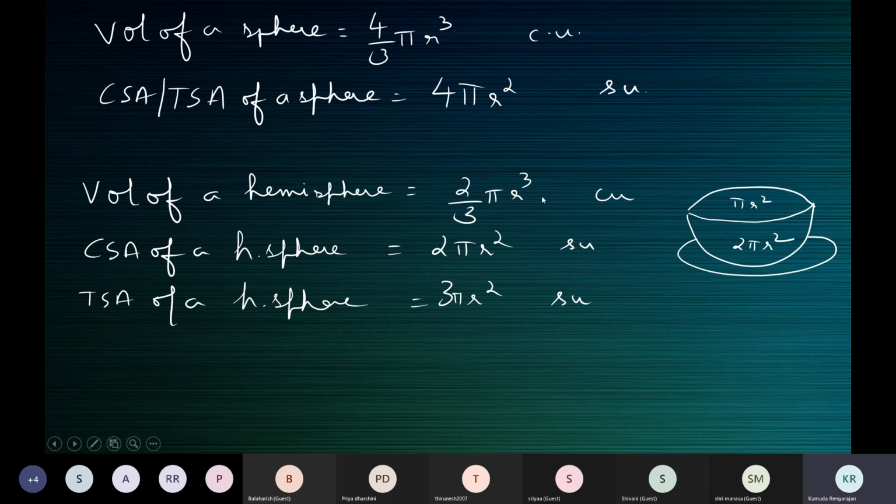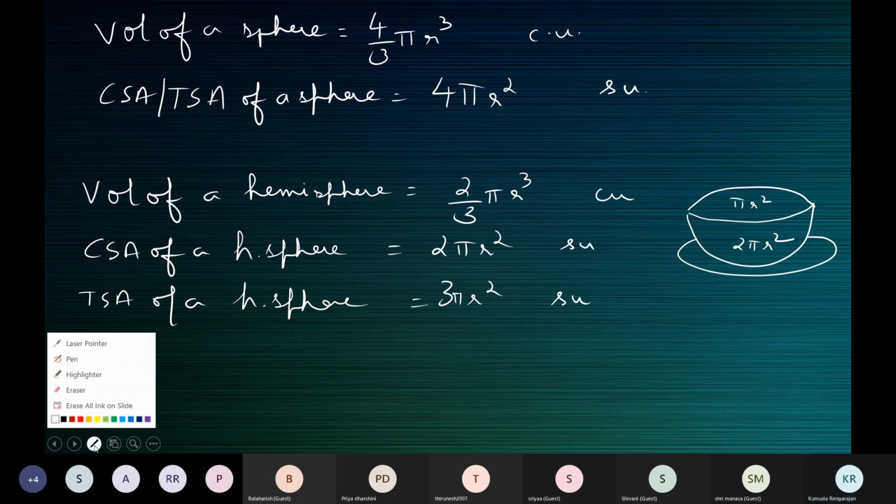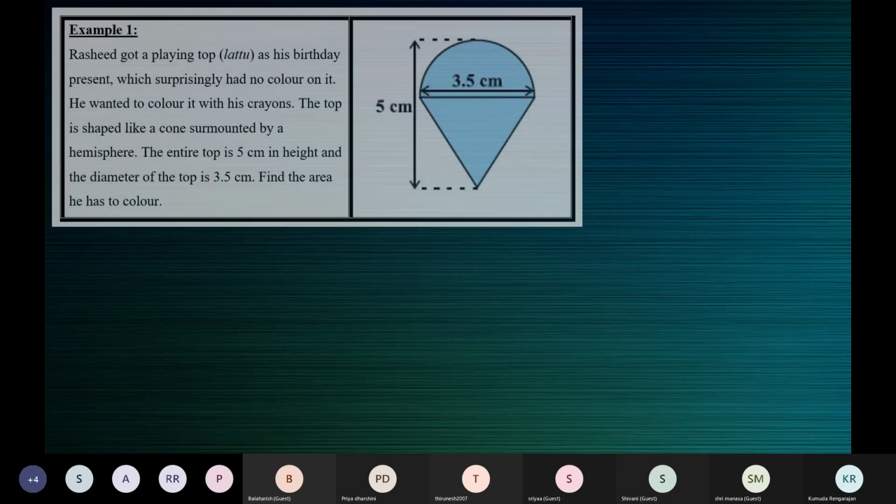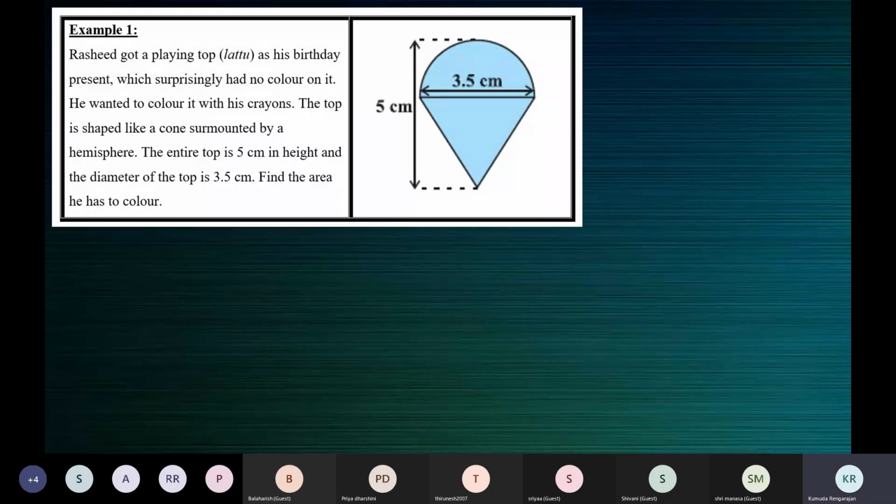All right, I assume all of you finished writing. All right, see this one. Rashid got a playing top. How many of you have learned this chapter in school? Volumes and surface areas? Finished? Okay. Completed this chapter?